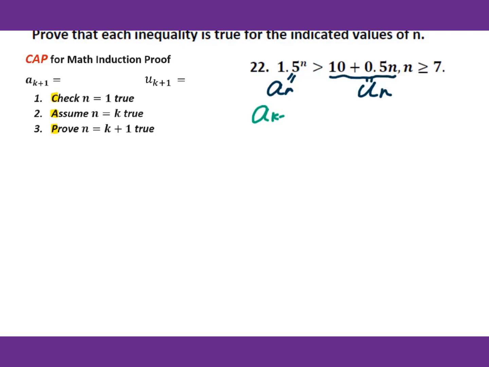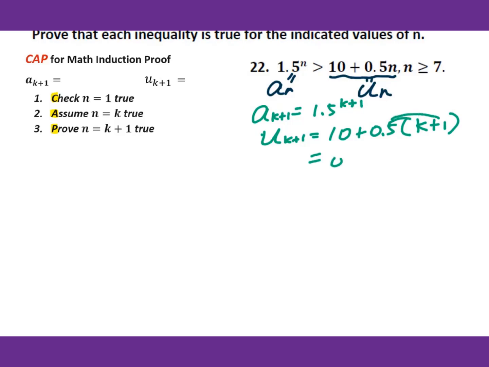A sub k plus 1 equals 1.5 to the k plus 1's power. U sub k plus 1 equals 10 plus 0.5 times k plus 1. So we combine like terms, you will get 0.5k plus 10.5.